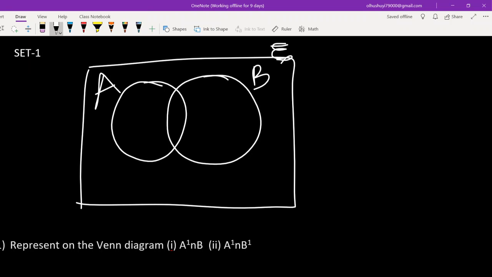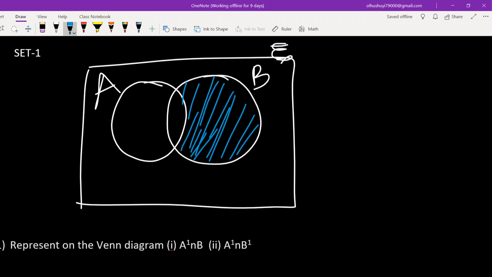You have A complement intersect B. It means what is not in A, not present in A, but is intersecting B. So here I'm going to have only this region shaded.